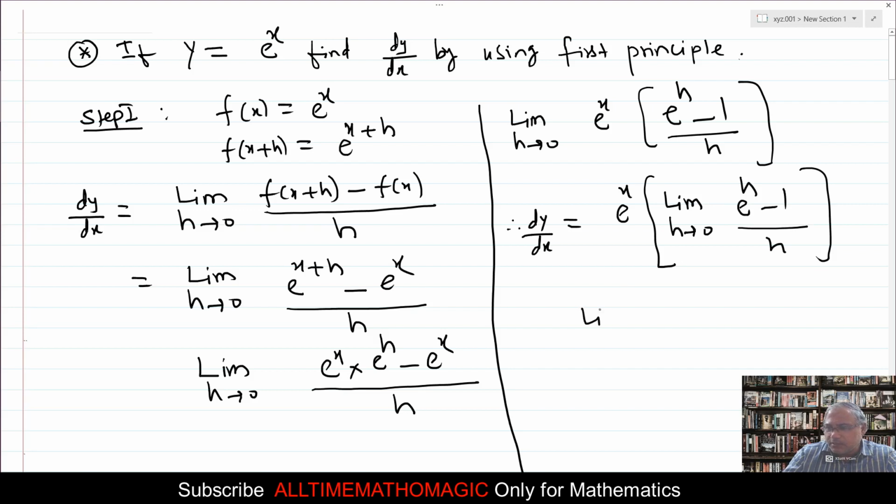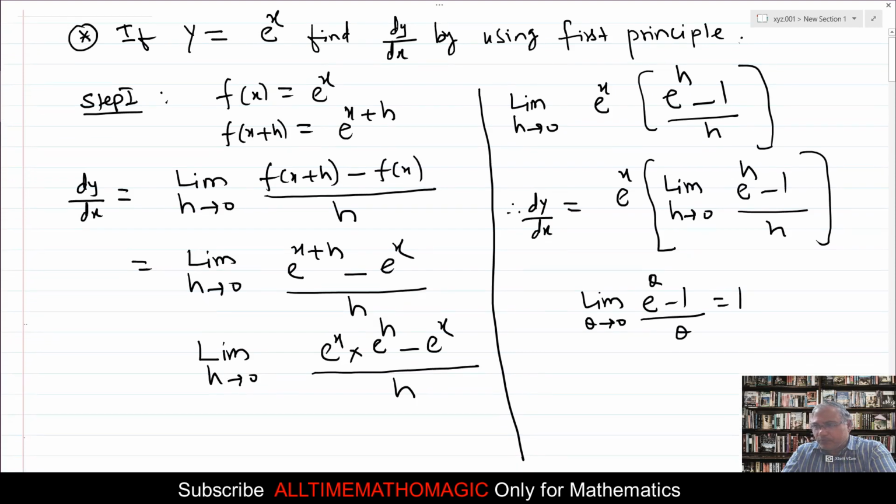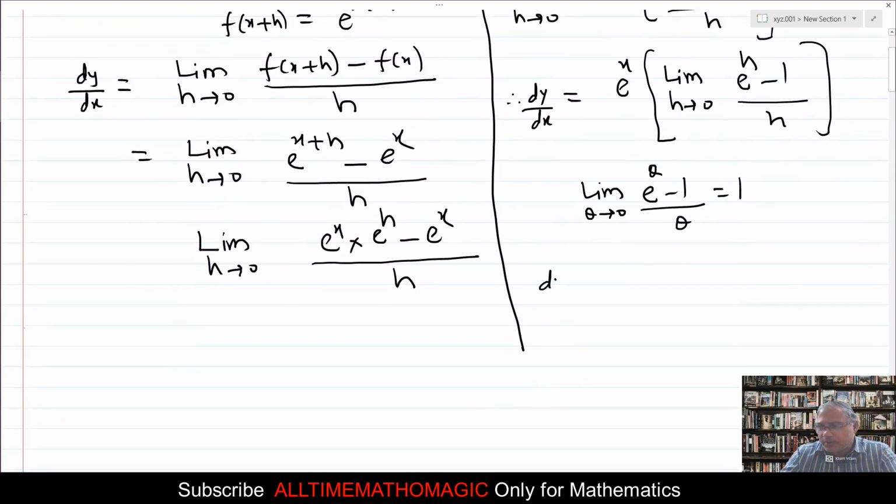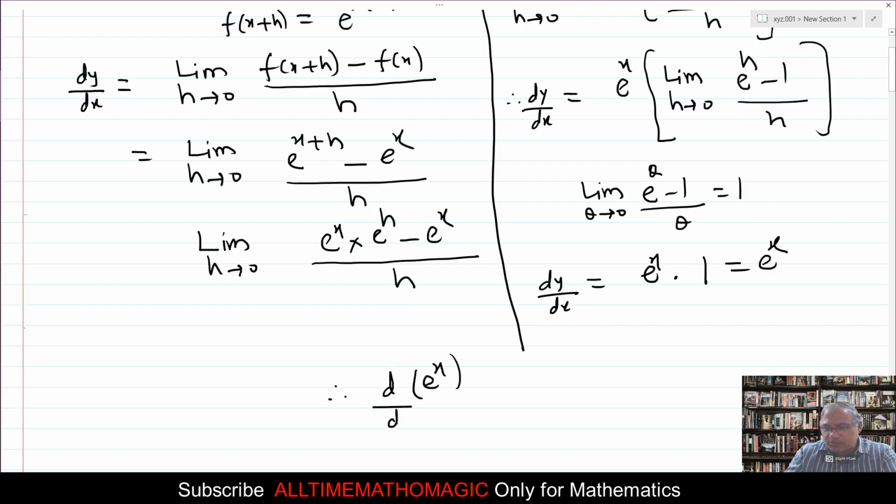We know that limit theta tending to 0 of e raised to theta minus 1 upon theta equals 1. Therefore dy by dx equals e raised to x into 1, equals e raised to x. Therefore finally, differentiation of e raised to x with respect to x equals e raised to x.